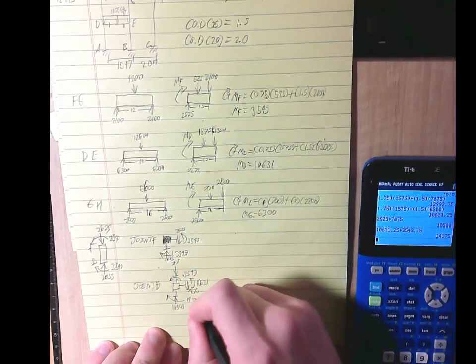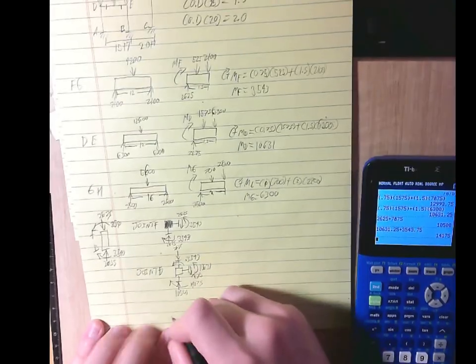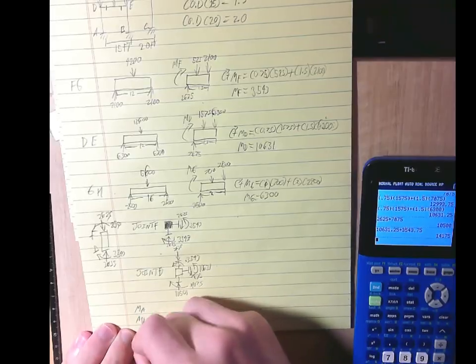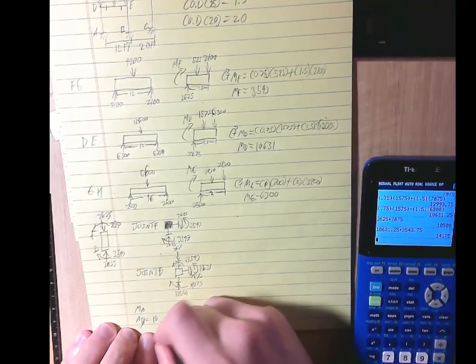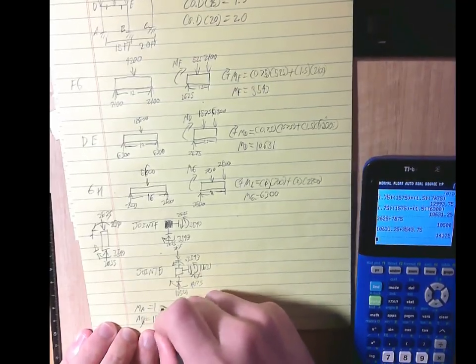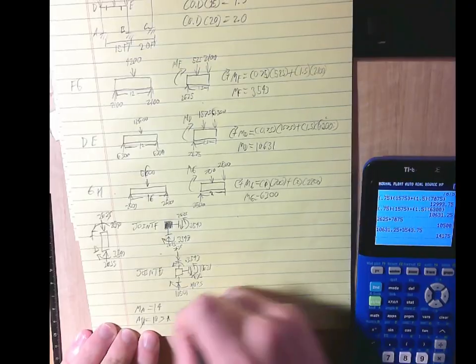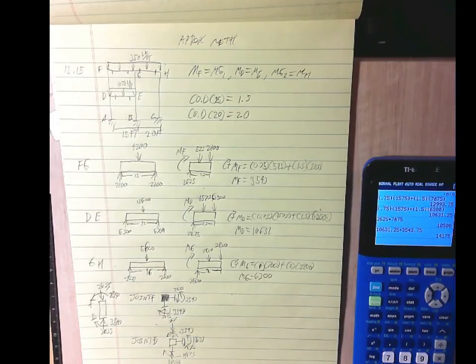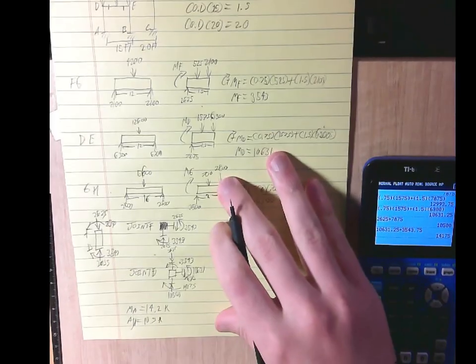This moment's going to be 14,175. So we have MA and AY. AY is going to equal 10.5K. This one's going to equal 14.2K. That's MA and AY. See right there?